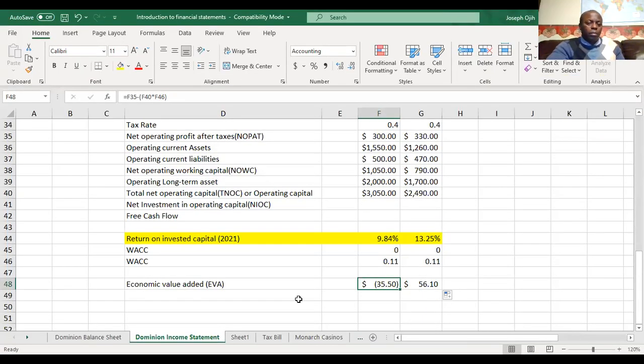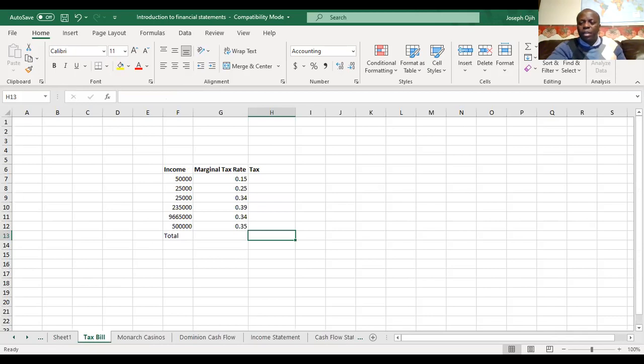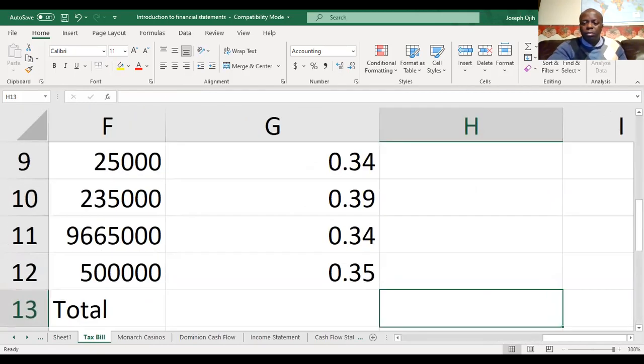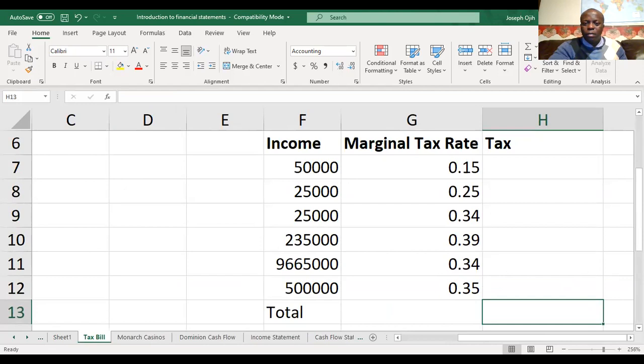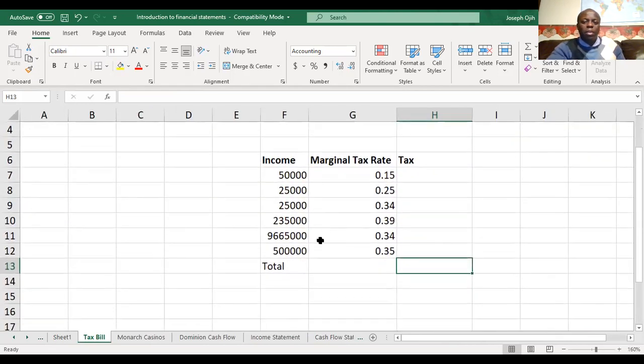So the tax bill. Now I'm going to make it bigger. And how much does this company make?